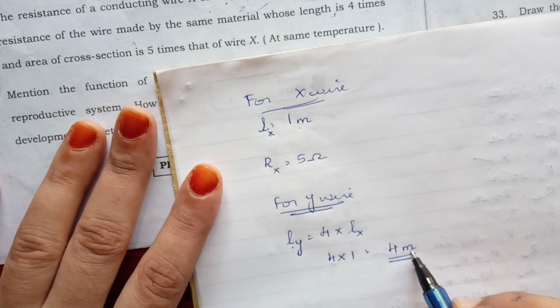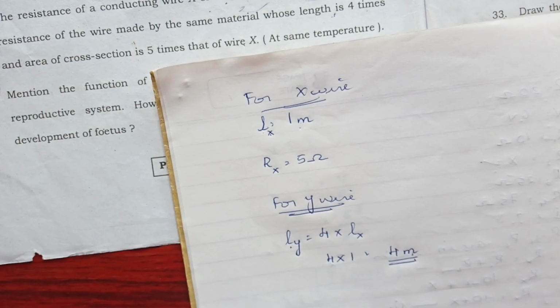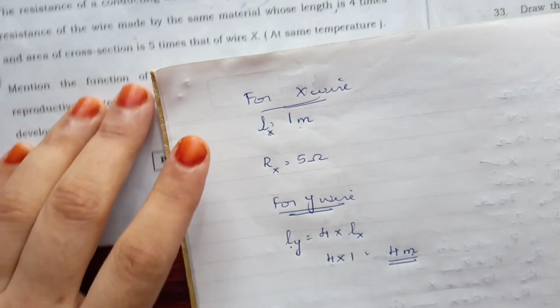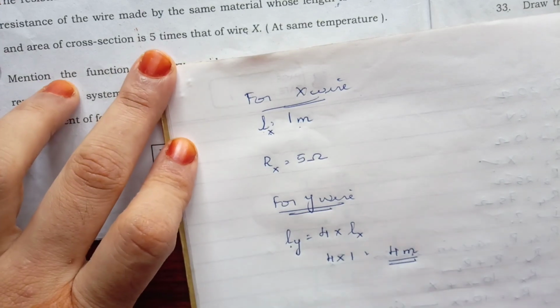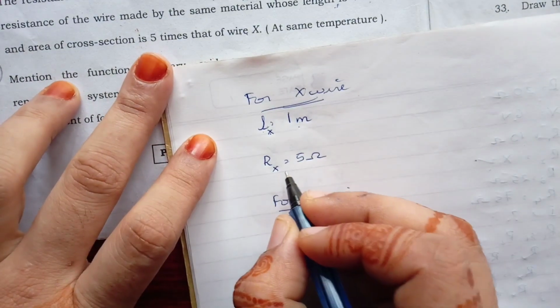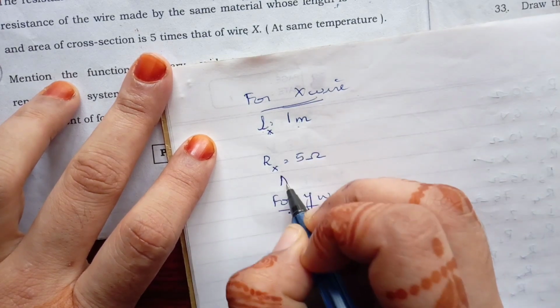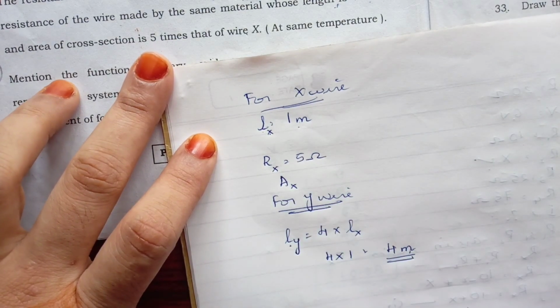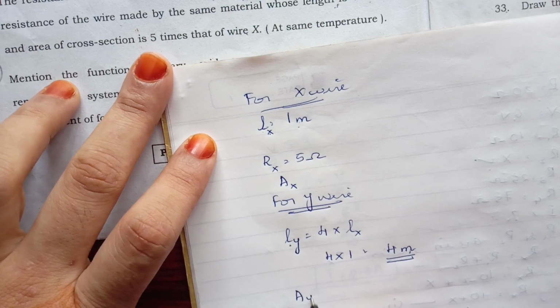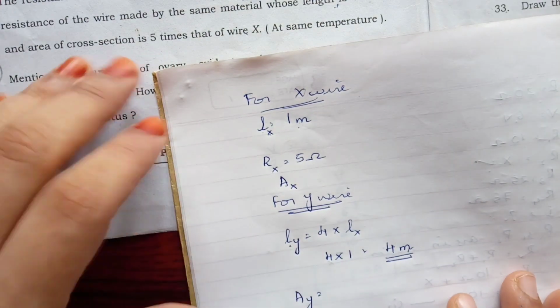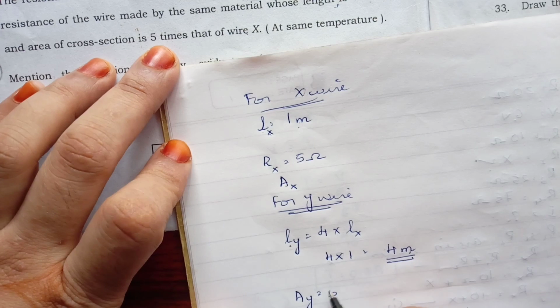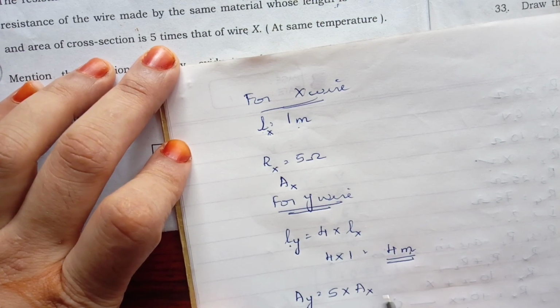So my Ly is nothing but 4 meter. Then the cross-sectional area is 5 times that of wire X. They have not given us any value for the cross-sectional area, so I'll just call it Ax. Now for Ay, the area of cross-section is 5 times that of Ax. So I don't have any value over here, so I'll just keep this as it is, 5Ax.